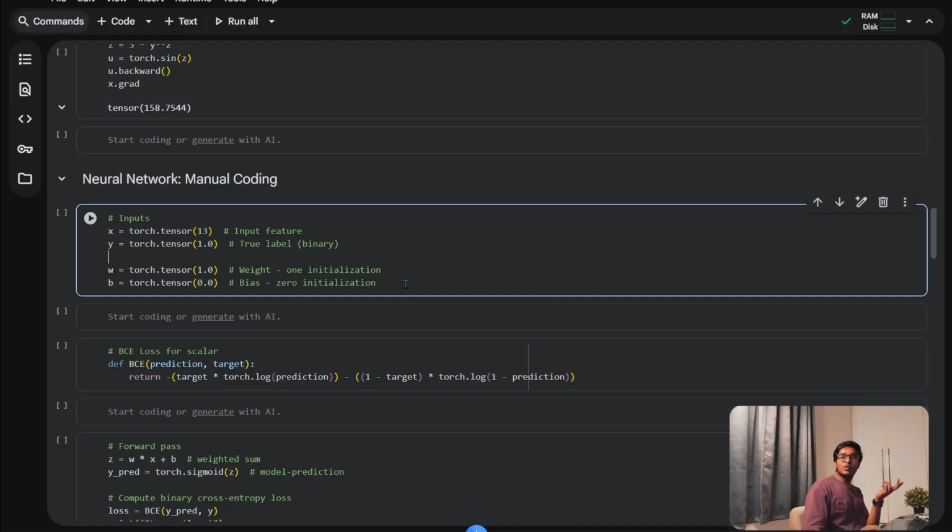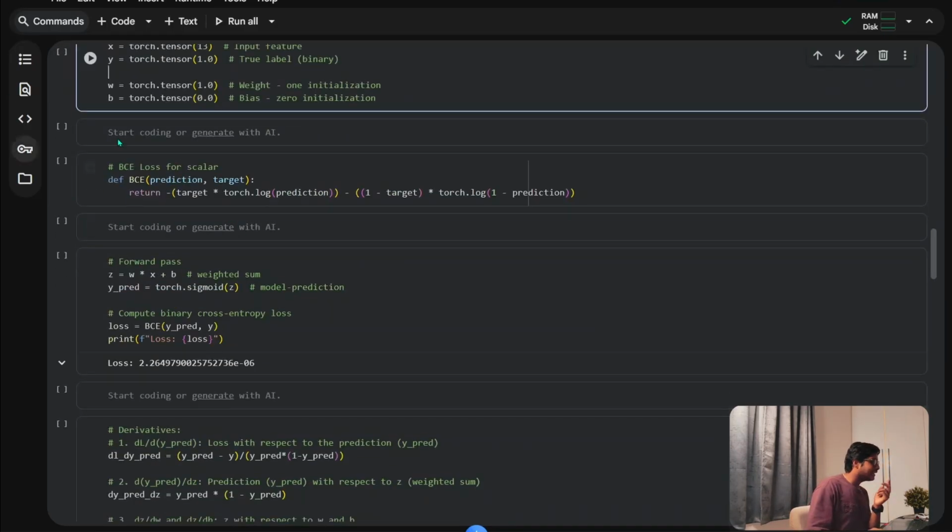And then we have 2 tensors which represent our weights and our biases. Our weights are initialized to 1, that's why it has 1. And my bias is initialized to 0, that's why it has a value of 0. Alright, and this is my binary cross entropy loss.